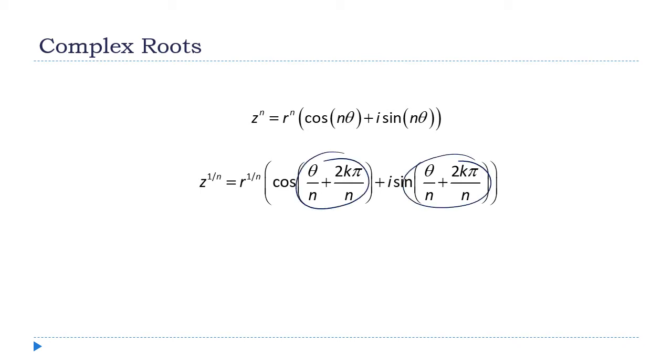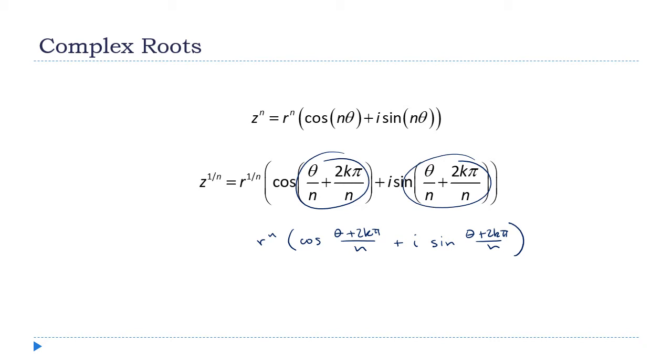This is really r to the 1 over n, times cosine of theta plus 2k pi divided by n, plus i sine of theta plus 2k pi divided by n. And the version up here just split the fraction up into two parts.